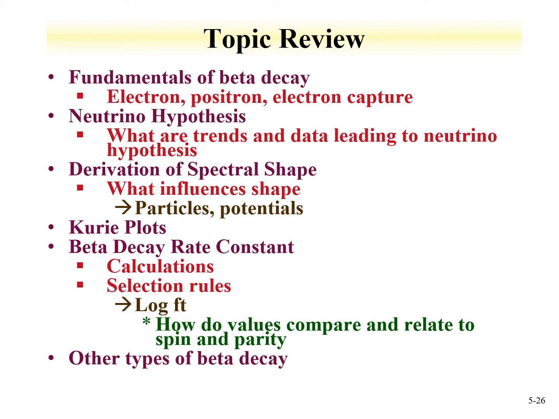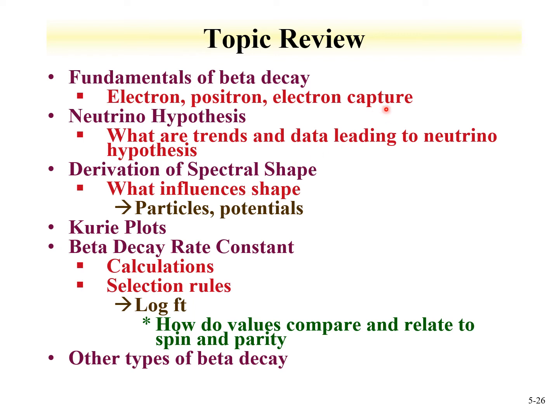This lecture covered a number of models used to describe beta decay. What you should really take away from those models is an understanding of how data can be used to describe some properties related to beta decay or the isotopes that are undergoing beta decay.